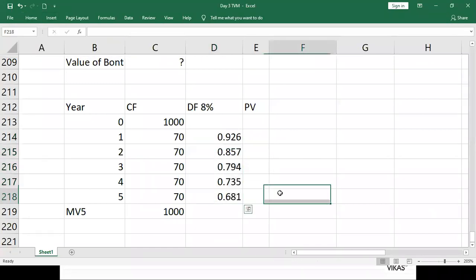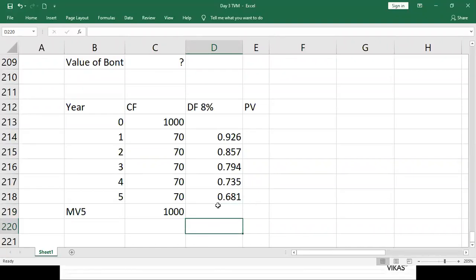Right. Now for this, we have to find the discount factor for which period? End of year 5. So we will receive this 1,000 rupees at the end of the 5th year.